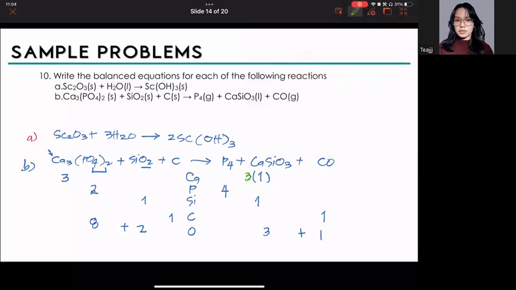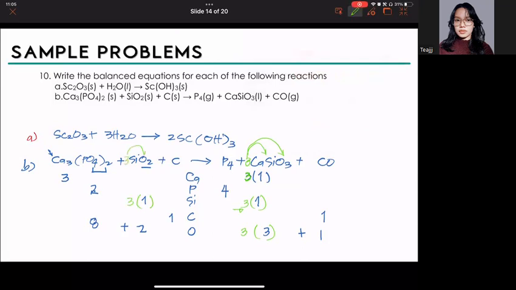Kailangan natin multiply ng 3. So that's 3. Now, madadamay yung ibang elements in that compound. So, ito mamumultiply din ng 3. Ito din mamumultiply ng 3. Okay? Since now, nagbago yung number of silicon natin, naging 3 times 1. So, that's equal to 3. Yung sa left, kailangan din na multiply natin ng 3.